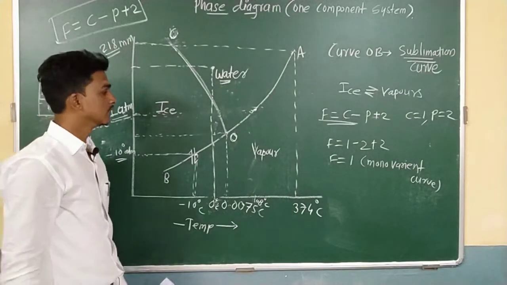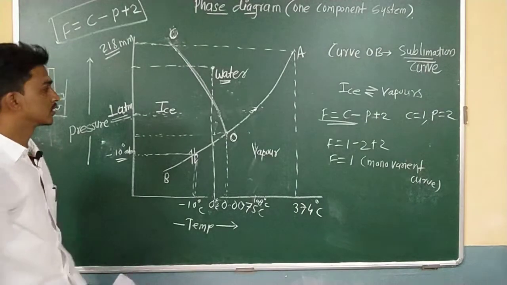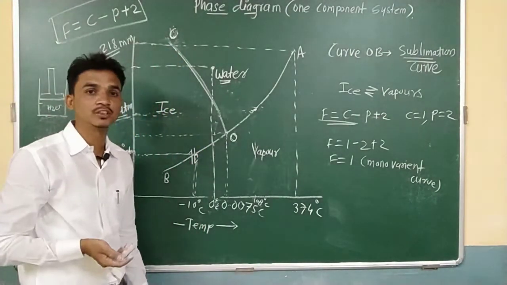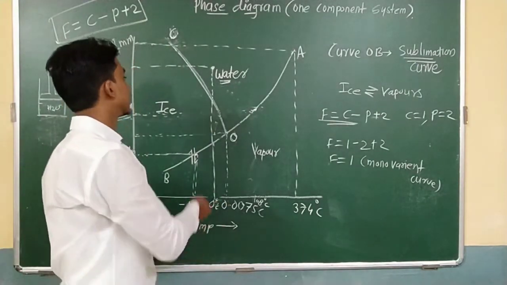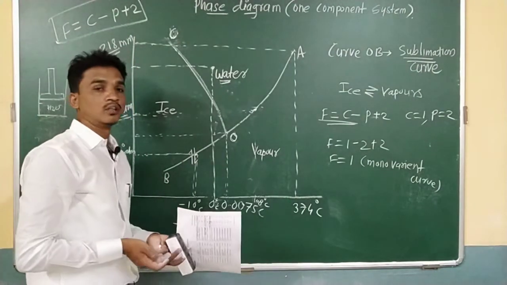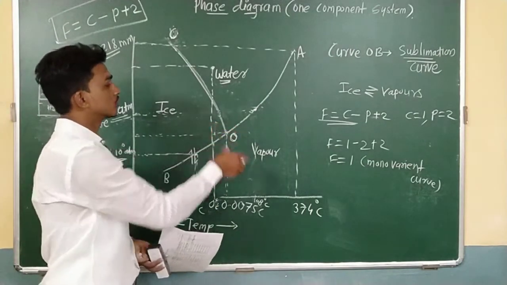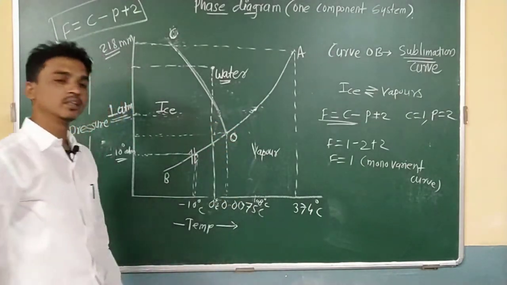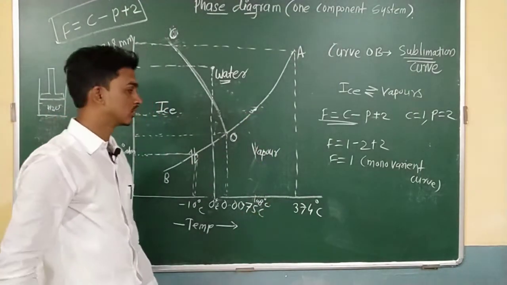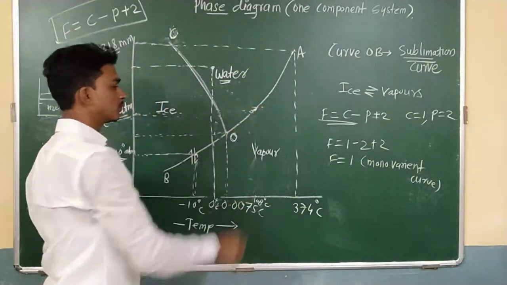This is the first thing. Second, when I keep the temperature constant and increase the pressure, what will happen? That means the variables I change are pressure and temperature. When I change the temperature and pressure, is the ice in liquid form or in vapor form? This information we get from this phase diagram. We also get the boiling point of water or any other liquid or solid from the phase diagram.